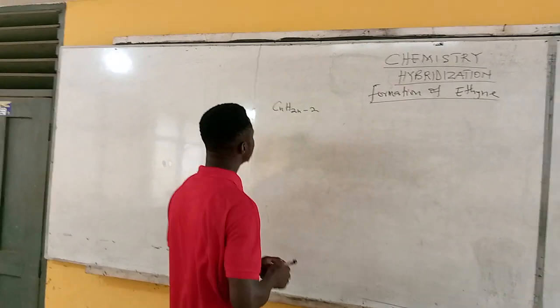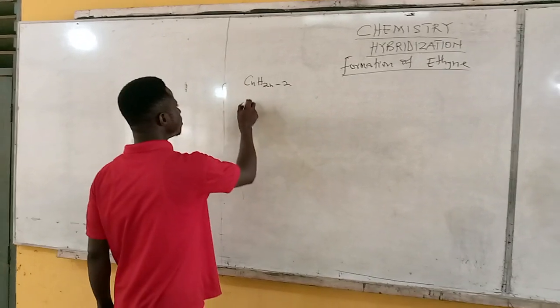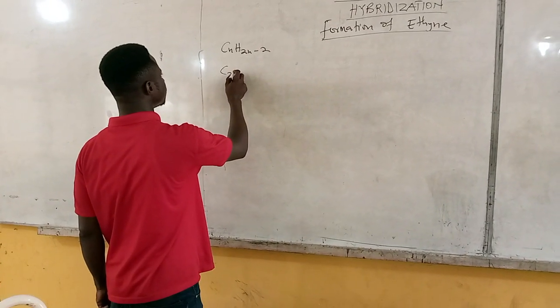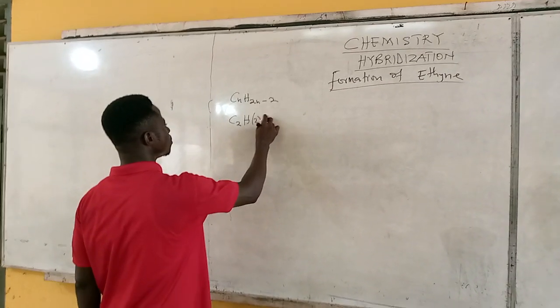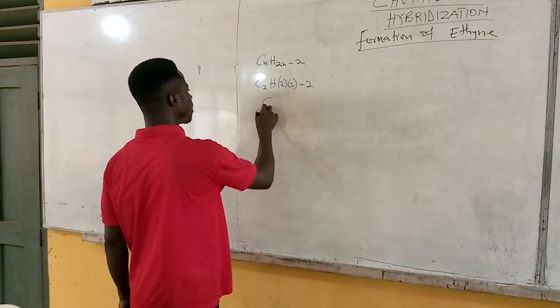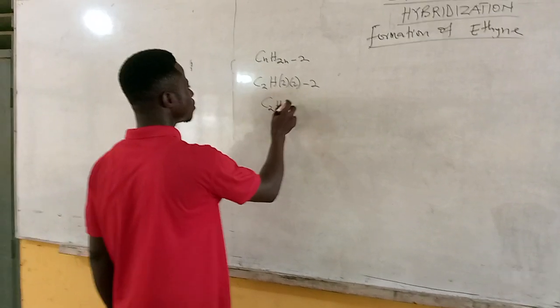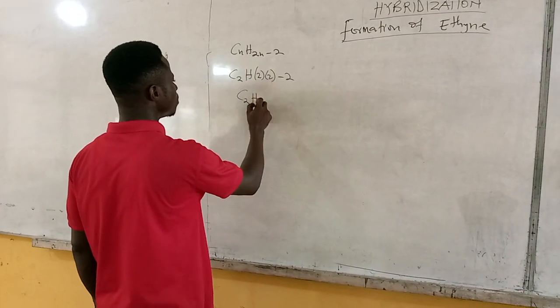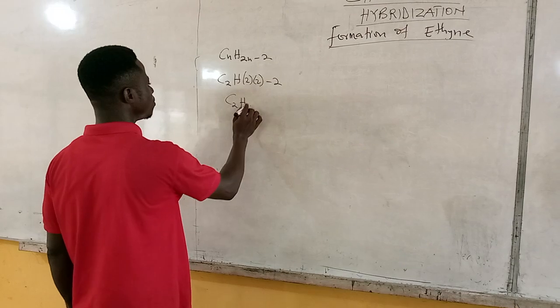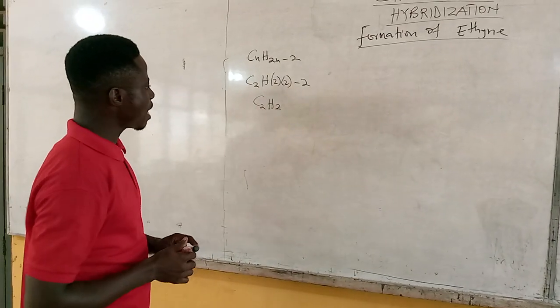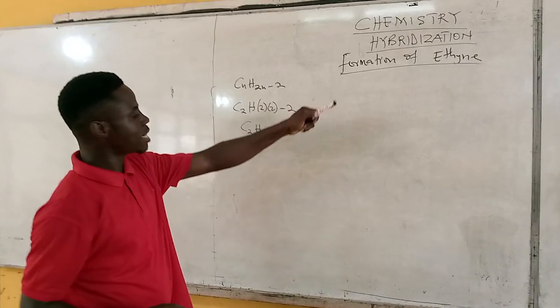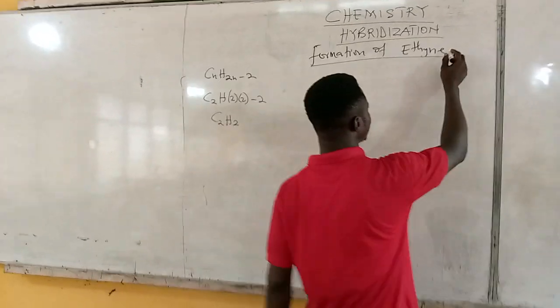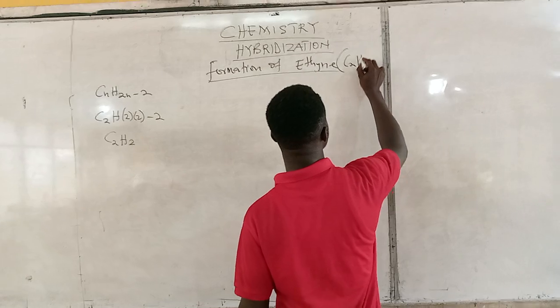So when you have C2, H2 times 2 will give us 4, minus 2. So you are going to get C2H what? 2 times 2 is 4, 4 minus 2 is 2. Sorry, it's 2. So the molecular formula for Ethyne is C2H2.